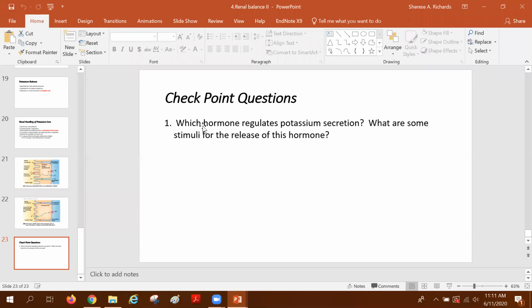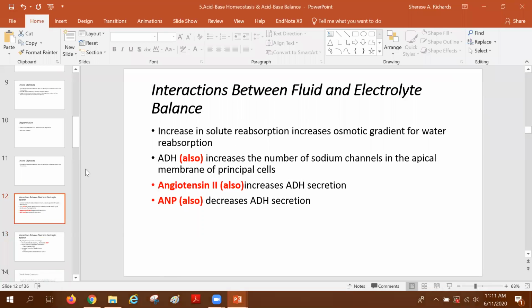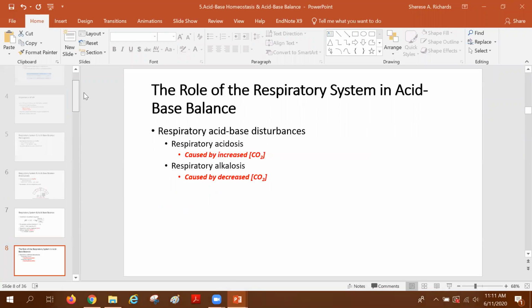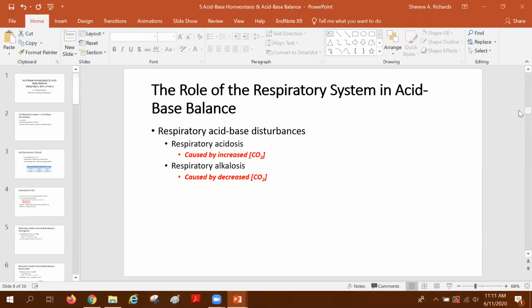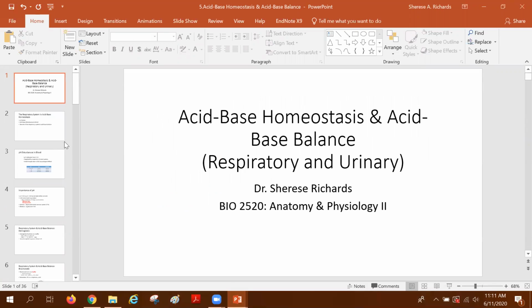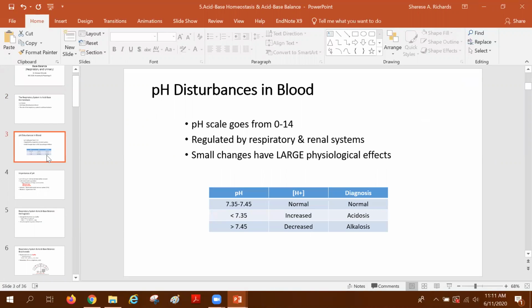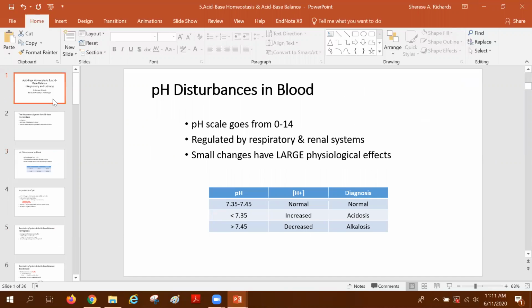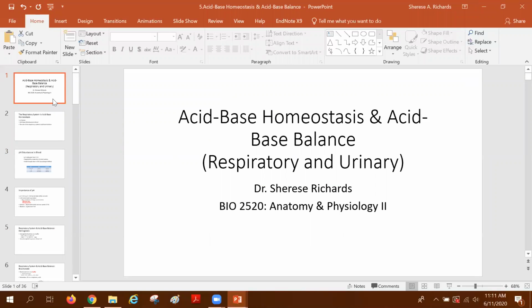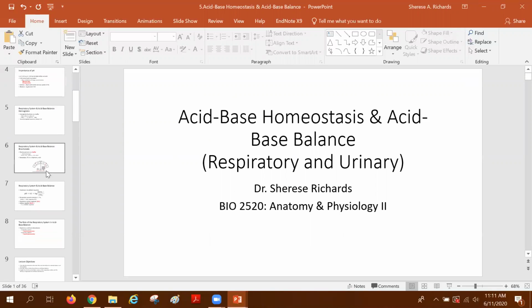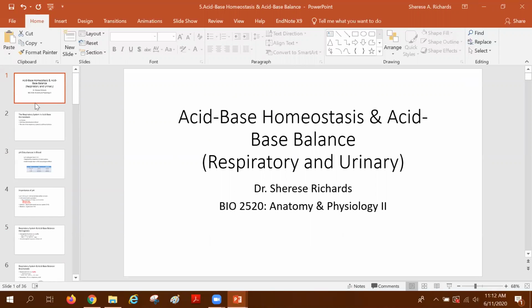Okay, so let's move along to the final renal packet. And typically I cover the acid-base homeostasis of the respiratory and urinary systems together, but I think you already covered this with Dr. Schlater, the respiratory component of acid-base. So you're going to want to ignore the entire first part of this packet.